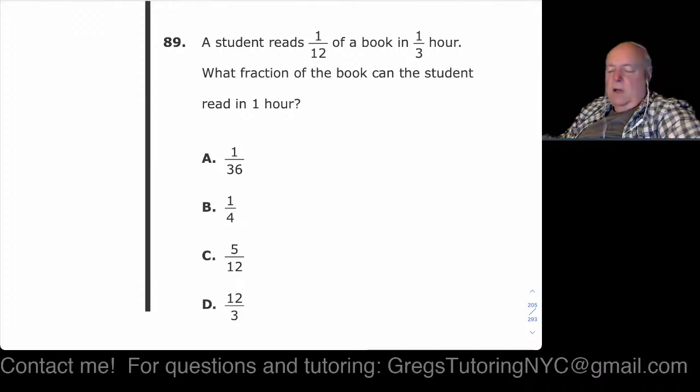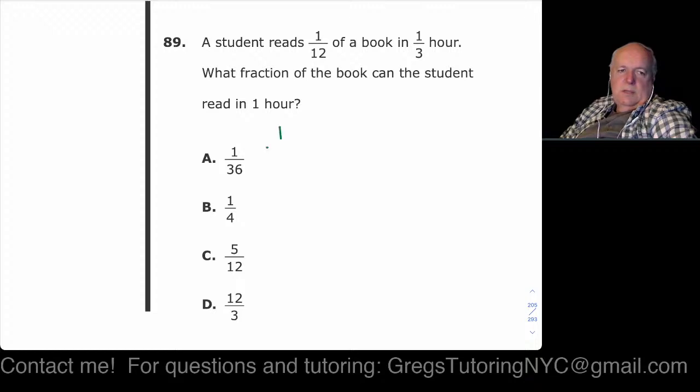So a student reads 1/12 of a book in 1/3 of an hour. So a student reads, that's the rate. I could have thrown this into the rate questions as well. So this is involving a constant of proportionality. All right, let's just throw it in here because it's not too bad of one.